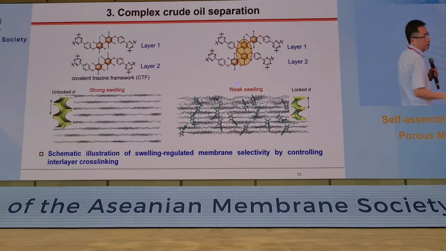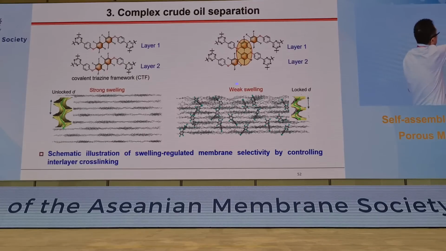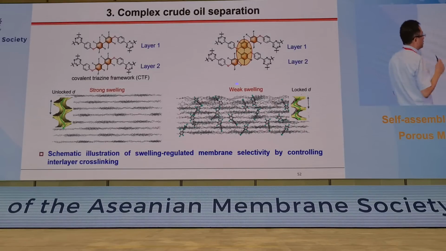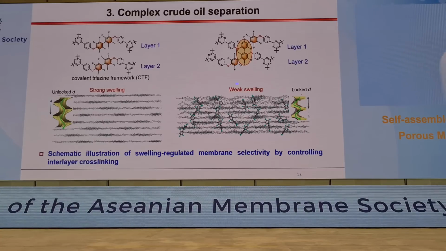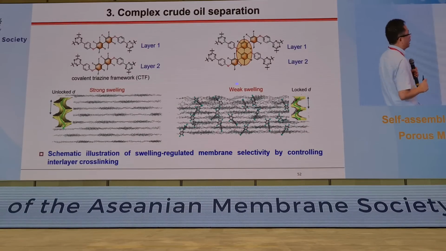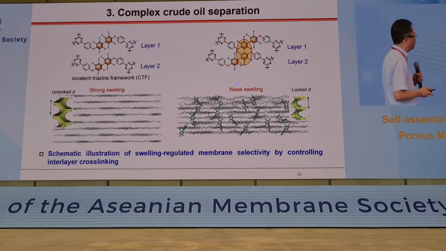This is also one type of porous polymer. There are some ligand groups in the middle. However, the target of this work is to decrease the swelling in the organic solvent.